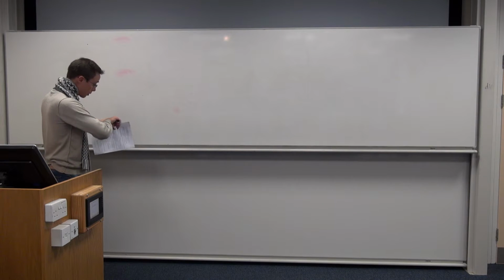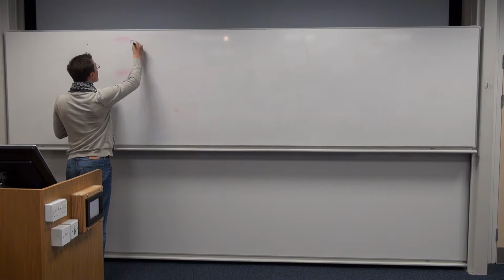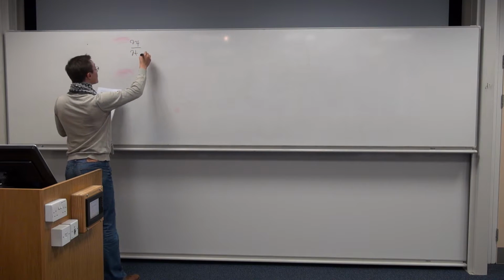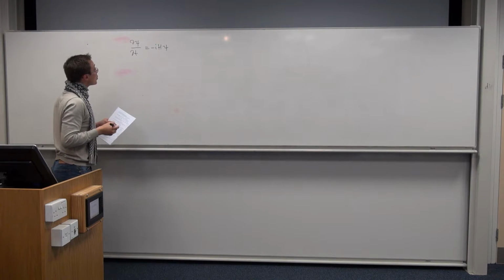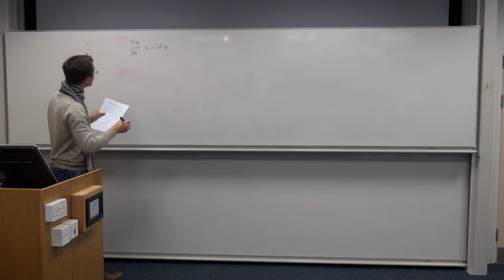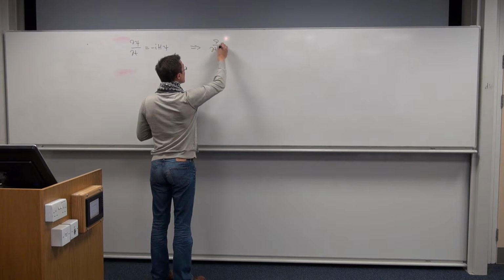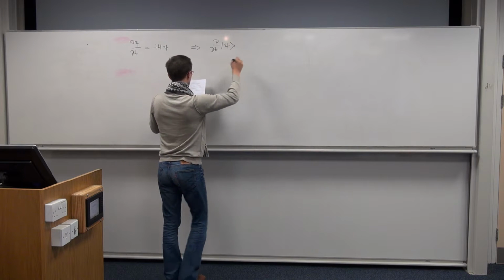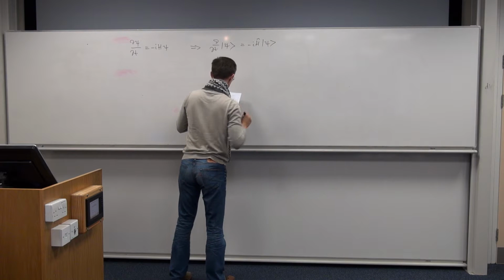So we start with the Schrödinger equation, as we normally do. d psi by dt is minus i H psi. And I will switch to Dirac's notation here. So we'll just go d by dt of |psi> will be minus i H |psi>.